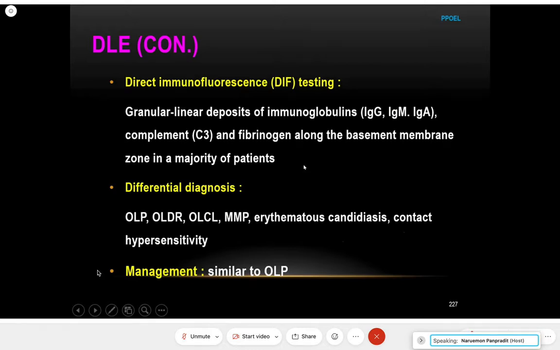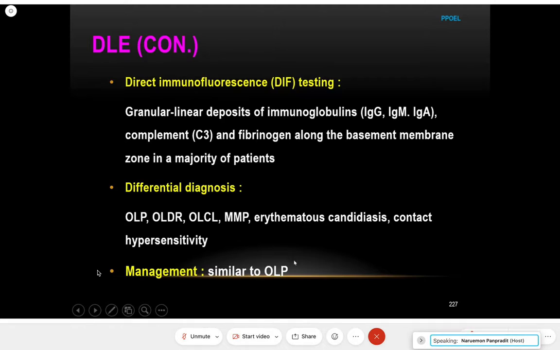So the positive antigen is different: lichen is positive for fibrinogen, but lupus is positive for IgG, IgM, IgA.